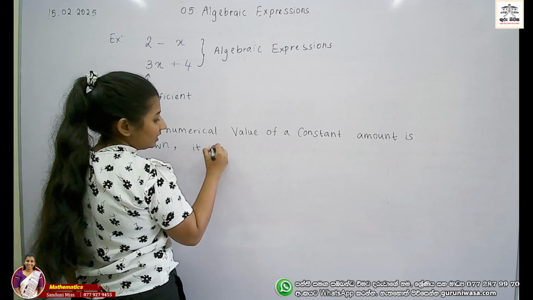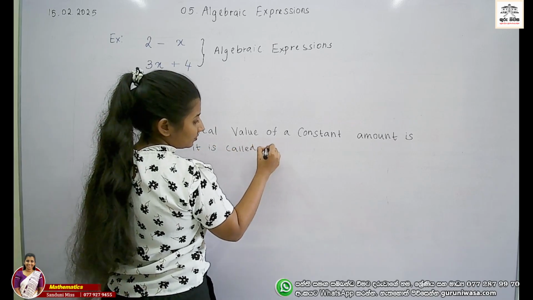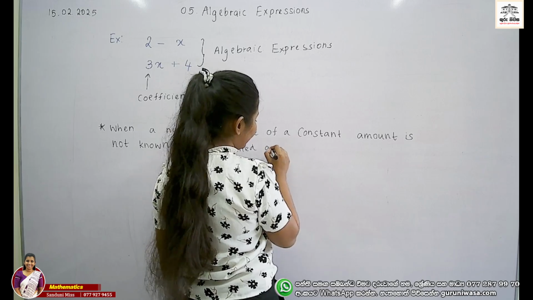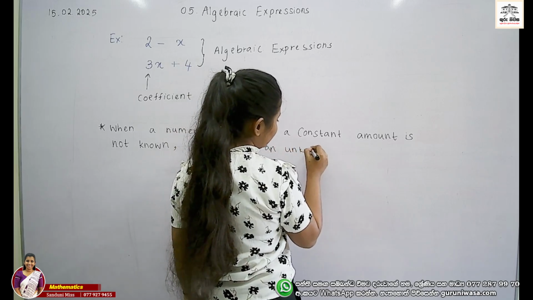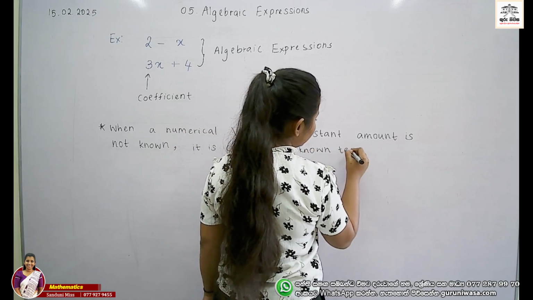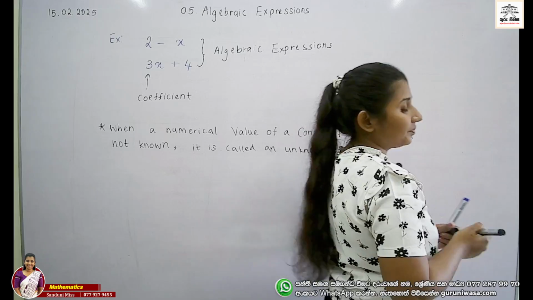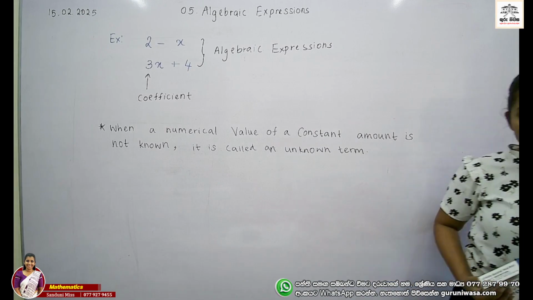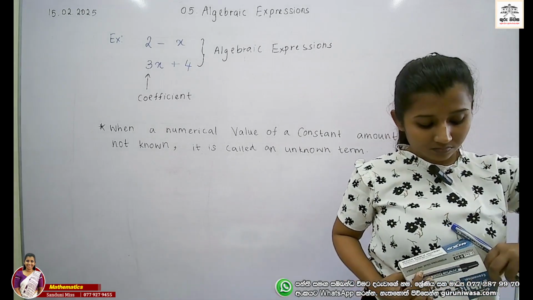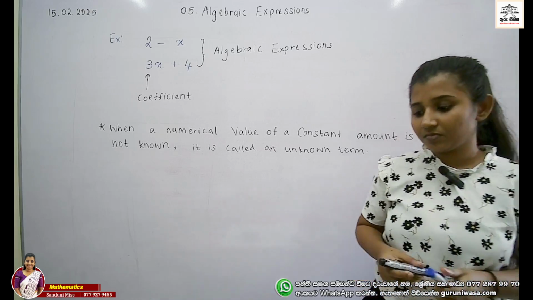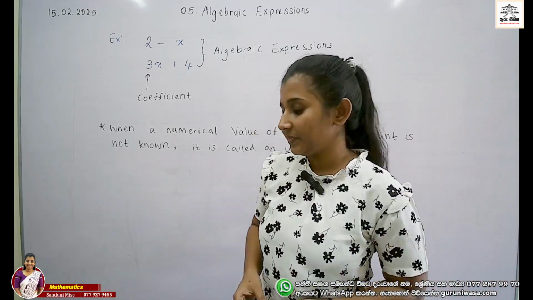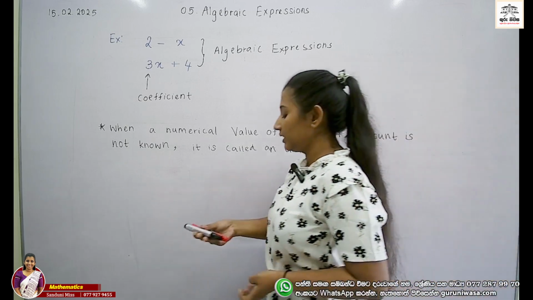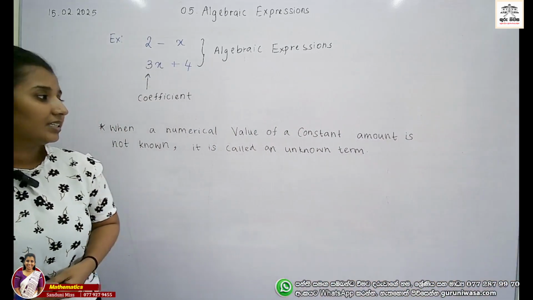It is called unknown, called n. The numerical value of a constant is not known. It is called an unknown term.